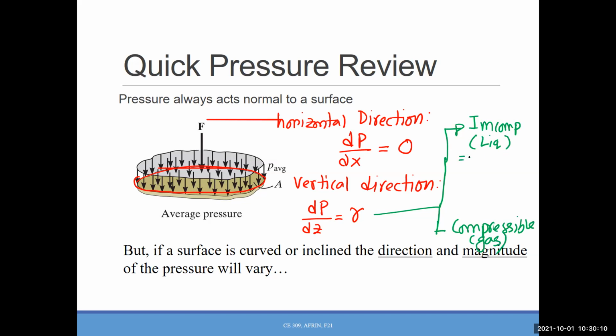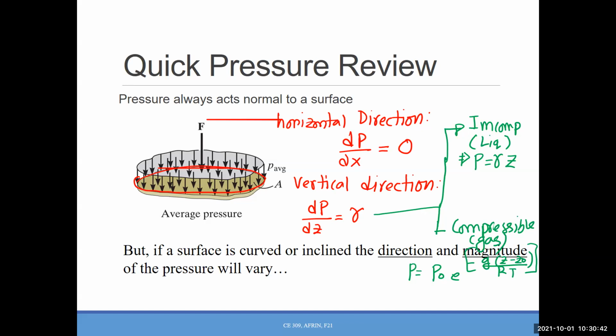For incompressible, we had P equals gamma Z or gamma H, basically gamma times depth, right? And for the compressible one, we had a little more complex equation. It was P equals P naught e to the power of G RT. If you can't write that right now, that's okay because you have that from your previous classes.